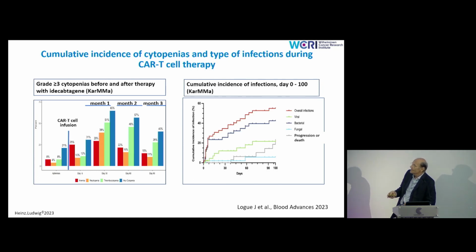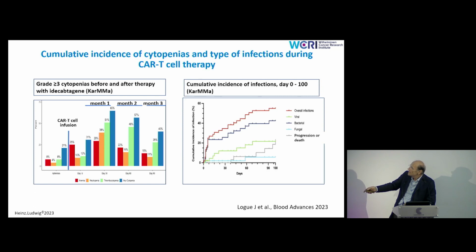For instance, the CARTITUDE-6 trial compares CAR T cell therapy as first-line treatment with stem cell transplantation. And so probably those patients will have lower risk for neutropenia or cytopenia.